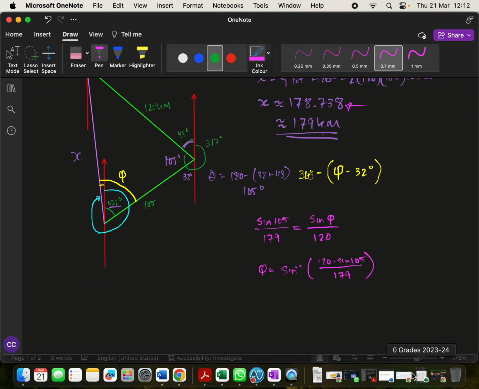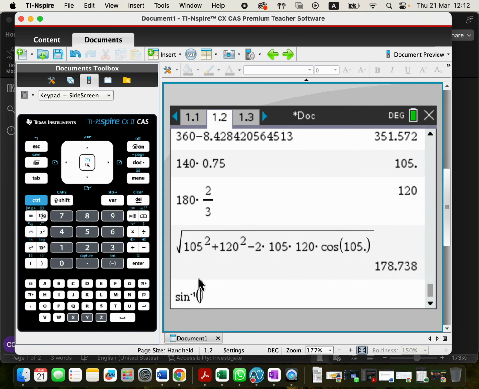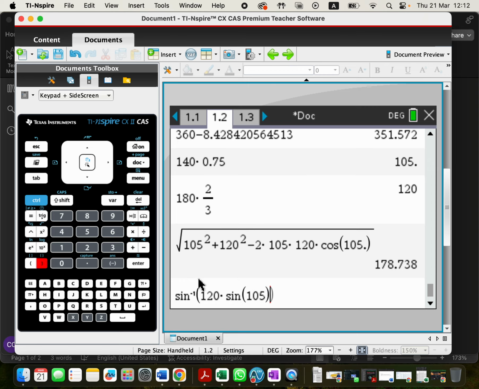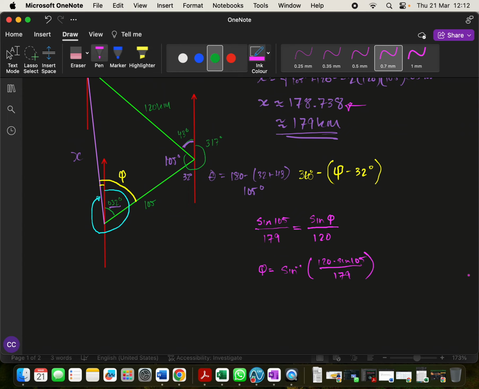Let's plug that into our calculator: the arc sine of 120 times the sine of 105, all divided by that answer. That gives me 40.4284. So now I know what that phi value is.